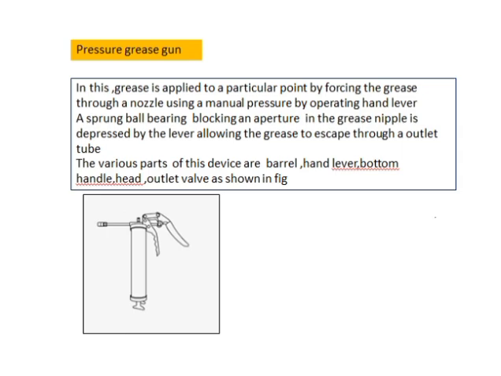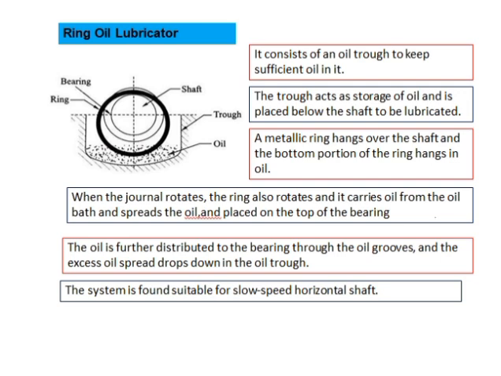Next we will have the ring oil lubricator. It consists of an oil trough to keep sufficient oil in it. The trough acts as storage of oil and is placed below the shaft to be lubricated. A metallic ring hangs over the shaft and the bottom portion of the ring hangs in oil.